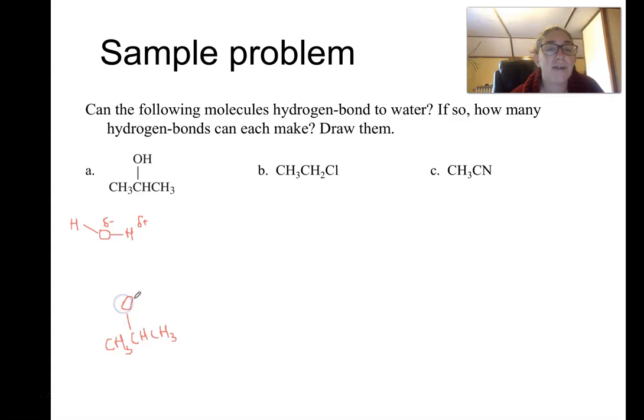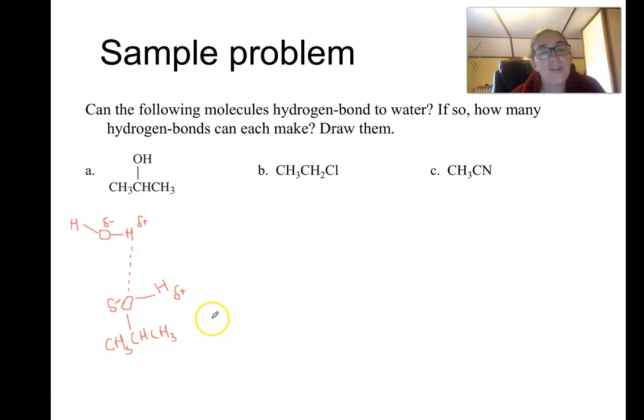So I'm going to draw it out, O and H. All right, remember that any hydrogen bonded to F, O, or N is going to be very partially positive. We can call it a hydrogen bond donor, and this oxygen here is going to be partially negative because it's the hog and it's going to hog electrons in that bond. All right, so this negative charged oxygen can be attracted to this positively charged hydrogen on the water molecule up here.